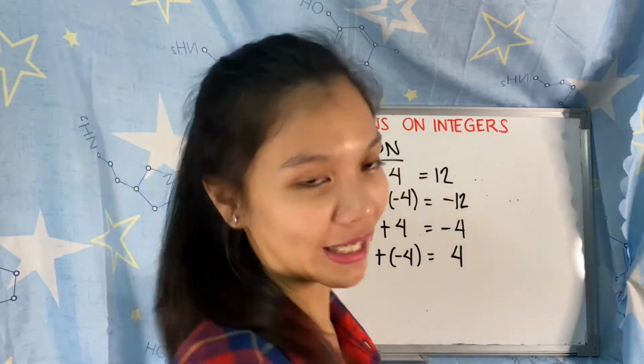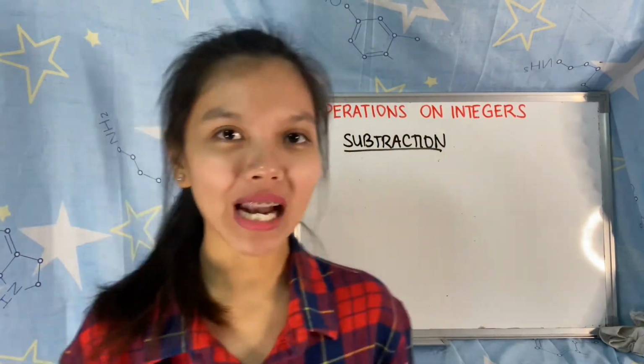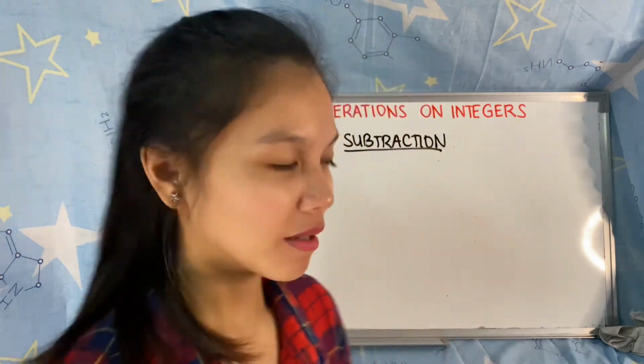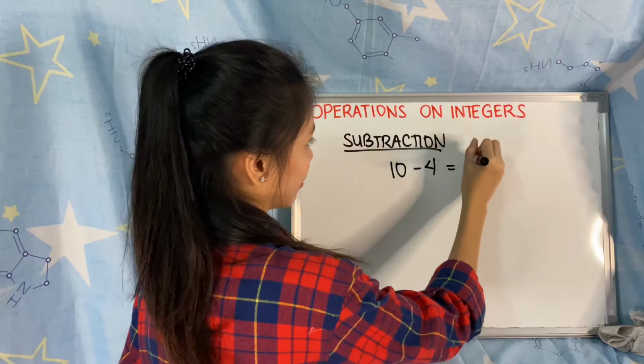Next one is the subtraction. Okay, now for the subtraction of integers. In subtracting integers, you are going to get the opposite sign of your subtrahend. Remember, for example, we have here 10 minus 4 is equal to 6.